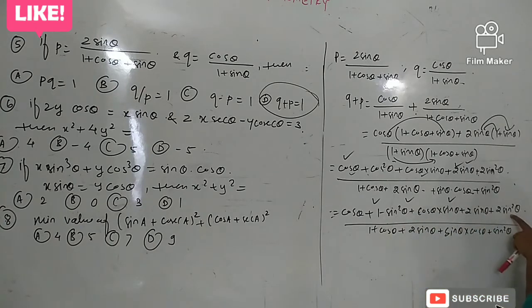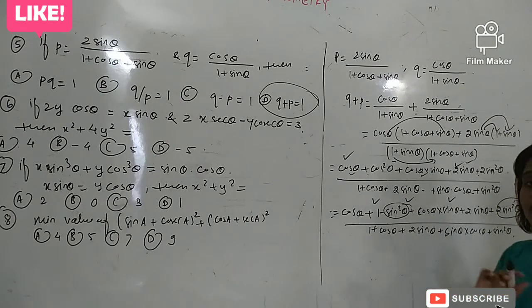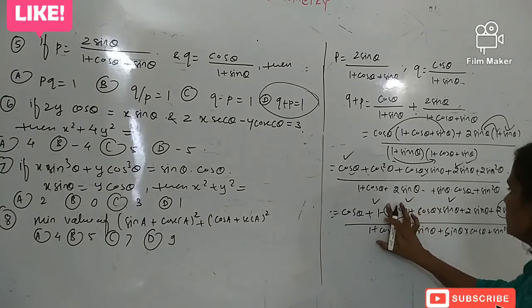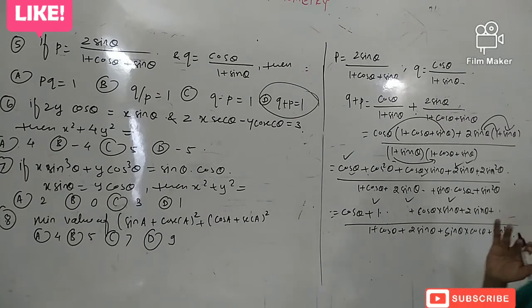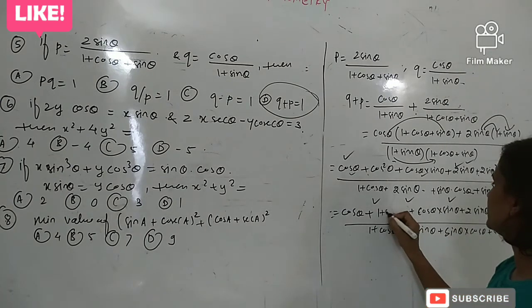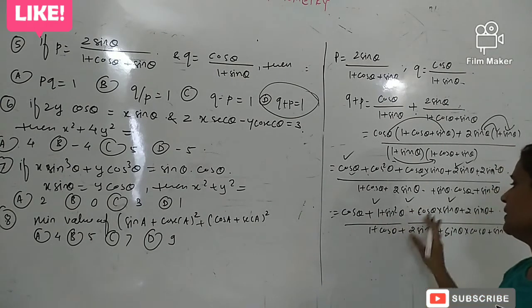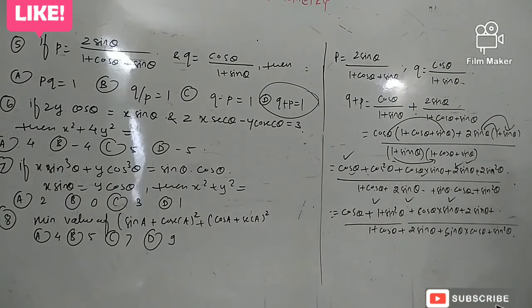So this is 2 sin square theta and this is minus sin square theta. After subtraction it will get only sin square theta, so I am just keeping this term, and in the total calculation it is only sin square theta plus sin square theta. So I am just writing here plus sin square theta.